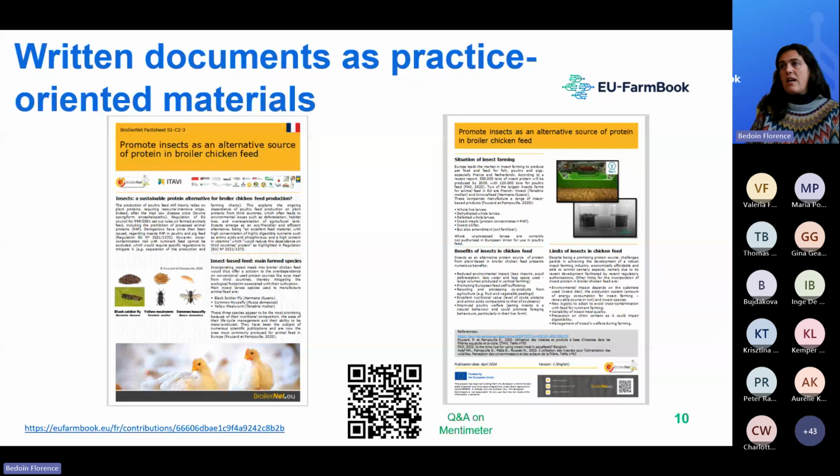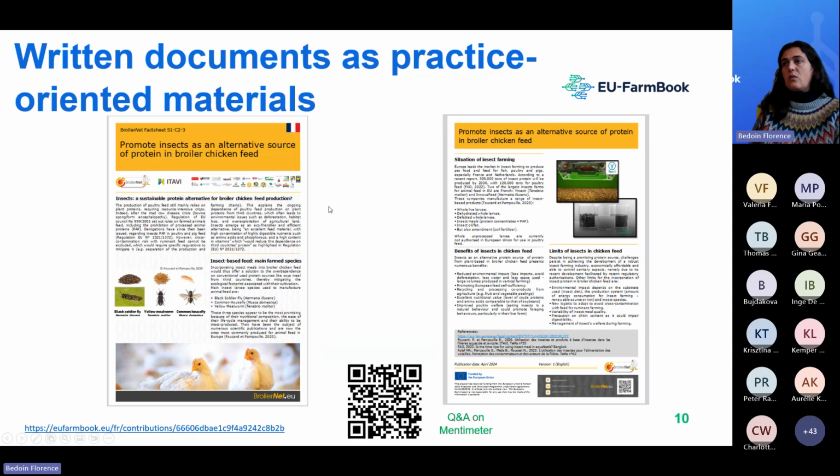If we look at some documents which are already on the EU-FarmBook, here is one of them, 2 pages from the BroilerNet project, and they have produced fact sheets of 2 pages.